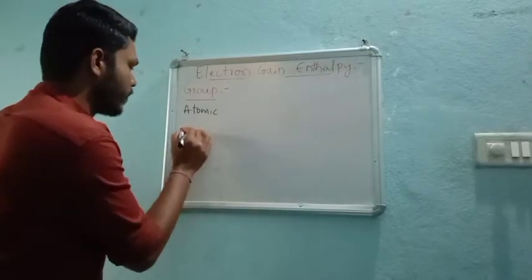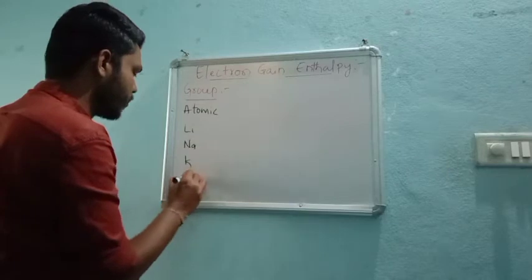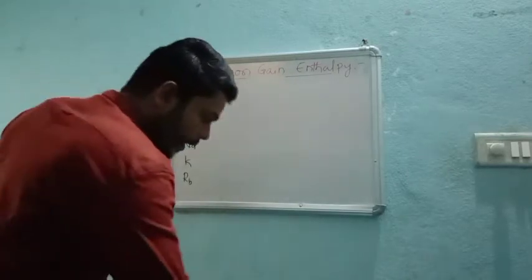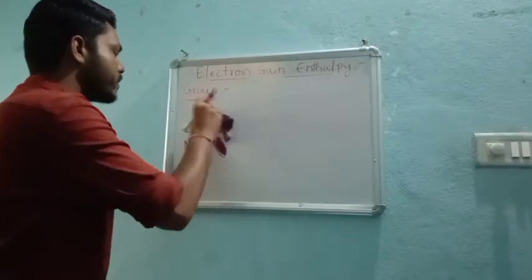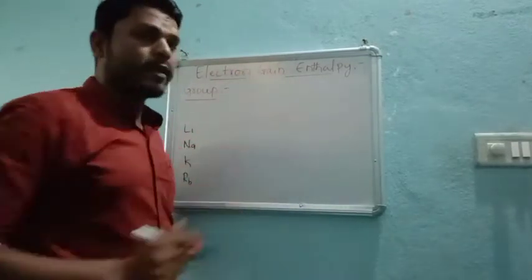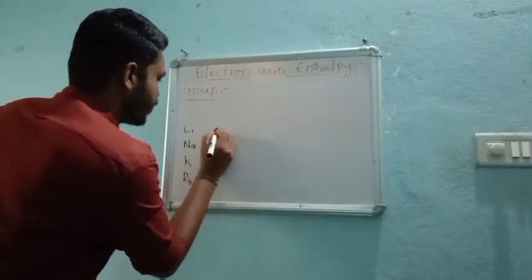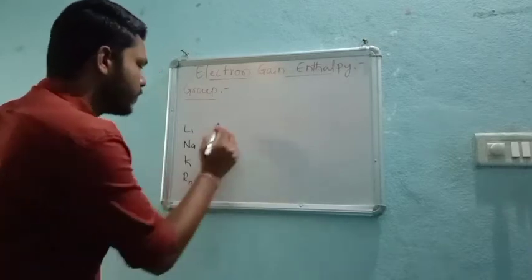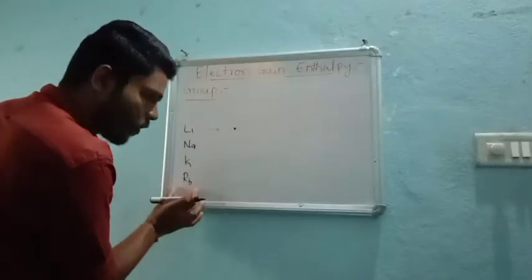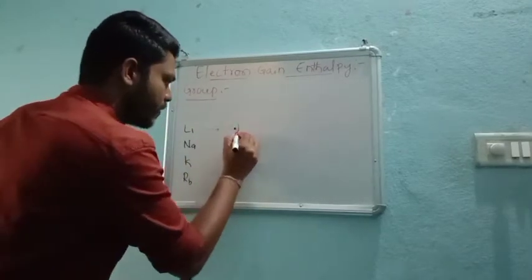Again, we will take some examples like lithium, sodium, potassium, rubidium. Due to the increase in atomic radius in the group, what happens to the electron gain enthalpy? Among these four elements, lithium has the smallest atomic size, right?